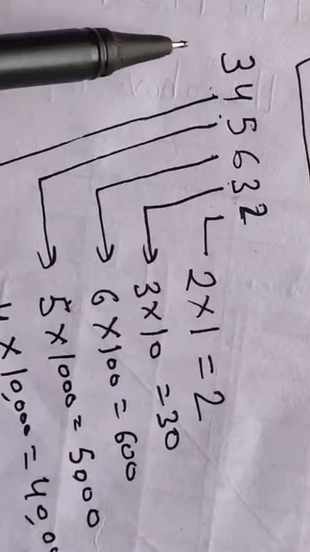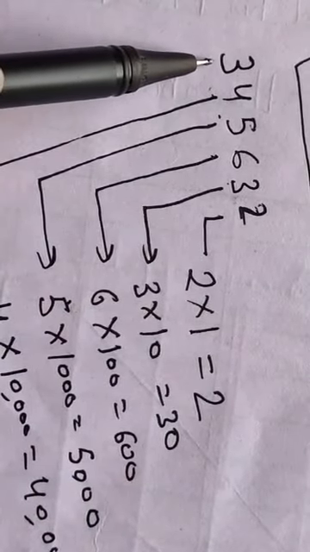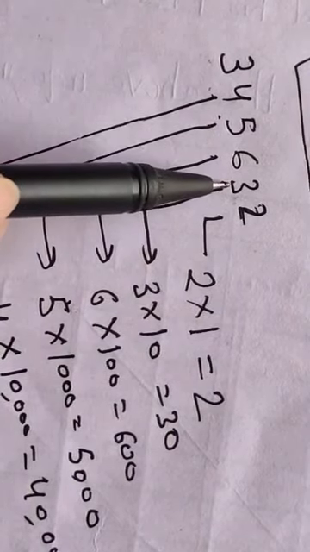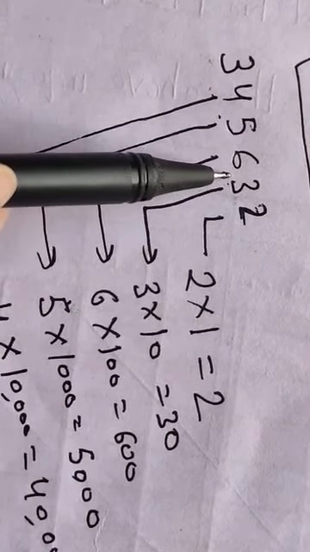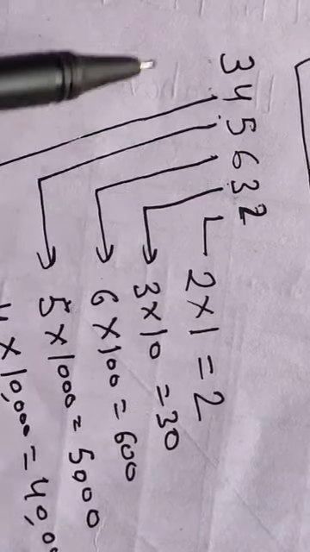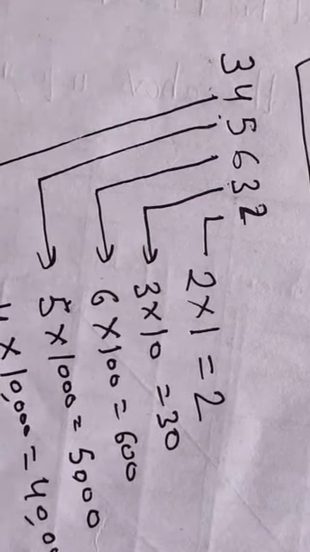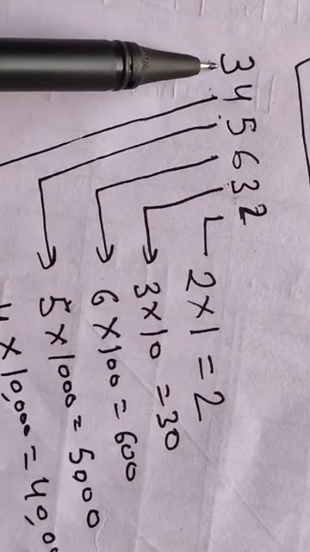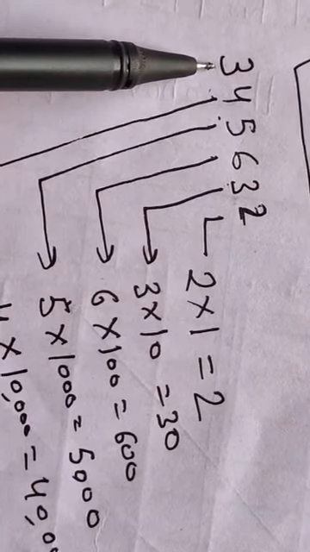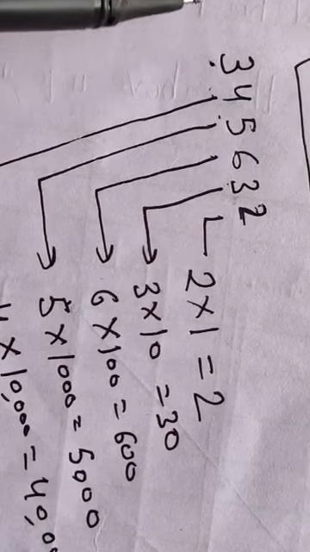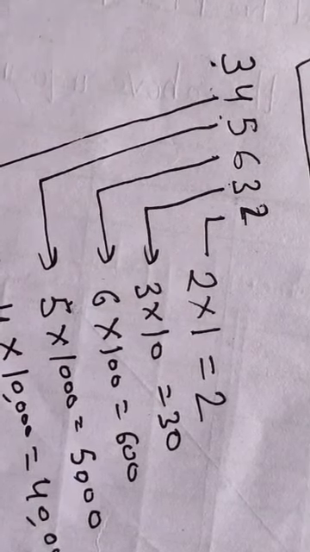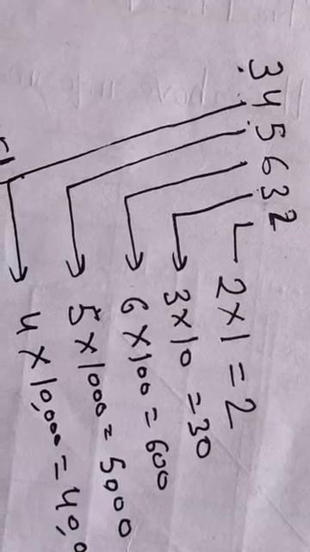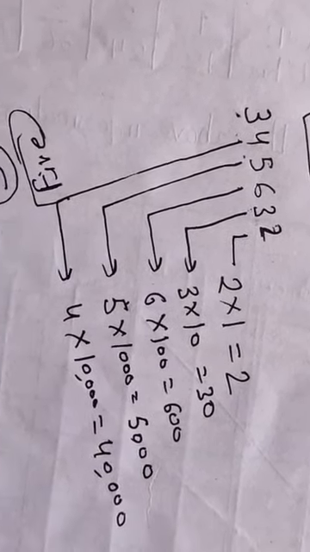Okay, 3 comes a second time. This 3 comes in the tens place, so the place value will be 3 into 10. But this 3 comes in the lakh place, so the place value will be 3 into lakh. But the face value of this 3 is also 3. The face value will be the same. The place value changes from time to time; it depends on which place the digit comes in.